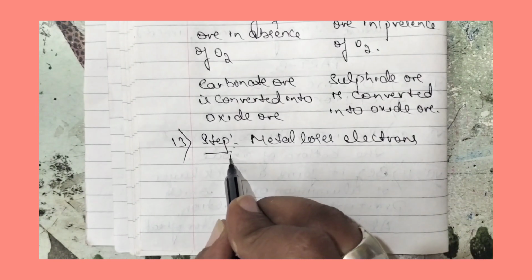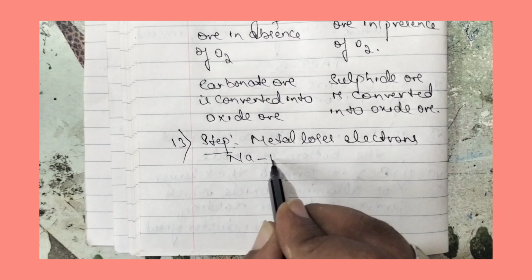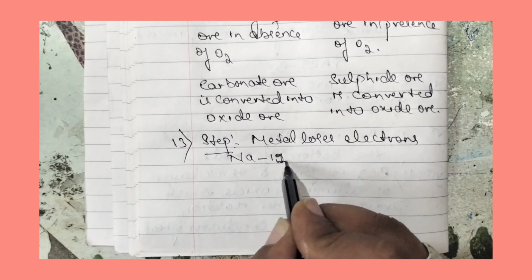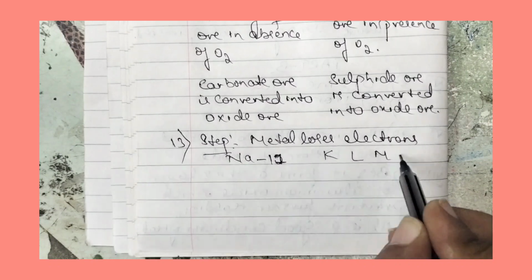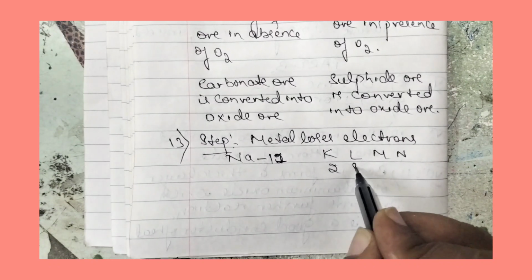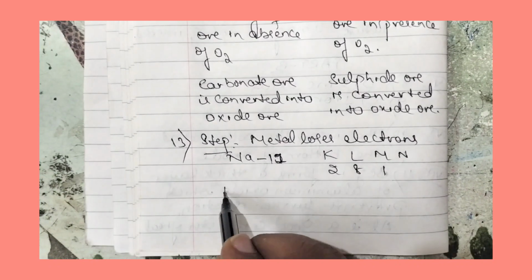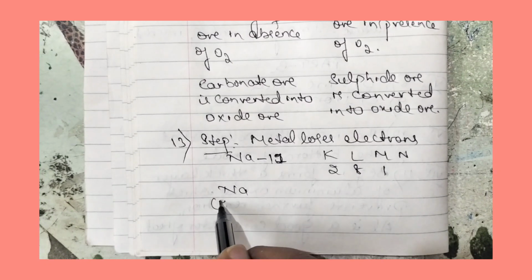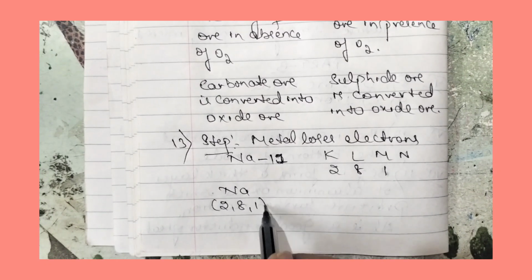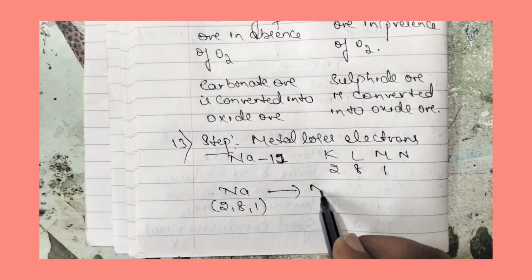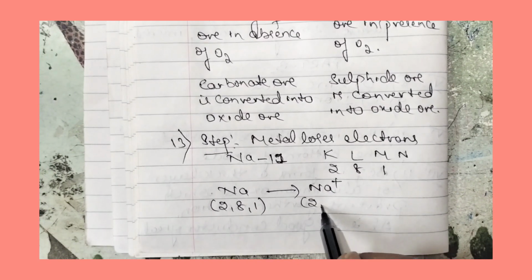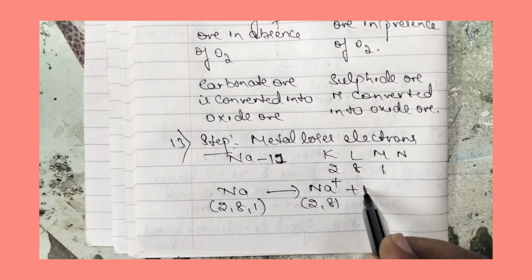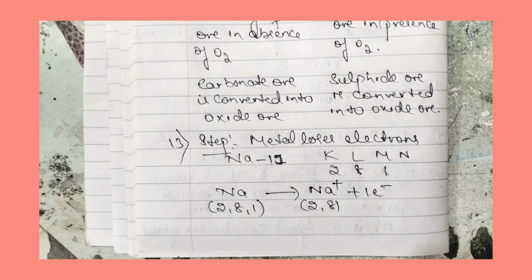The metal here is sodium having atomic number 11, so configuration 2, 8, 1. By losing one electron, the sodium atom will become a sodium ion. This is step number 1.